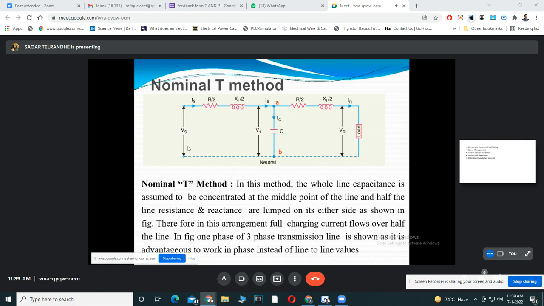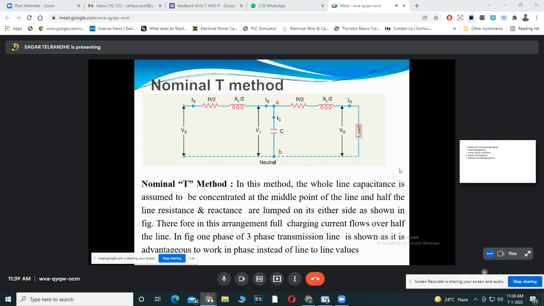Thus, we can say that the transmission line causes a voltage drop, and due to this, a new term, voltage regulation, needs to be studied here due to the presence of voltage drop in the system.